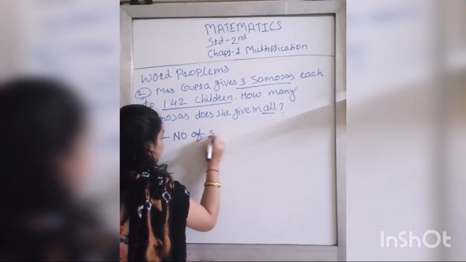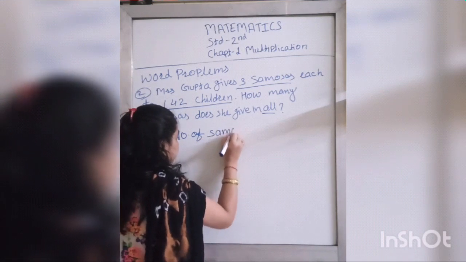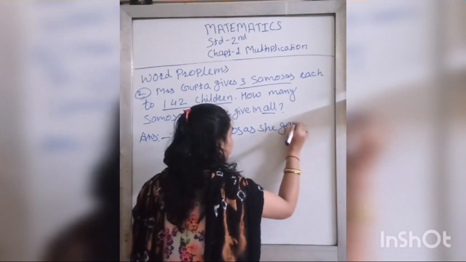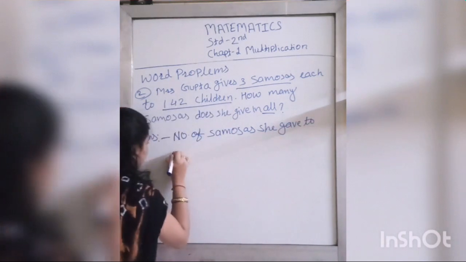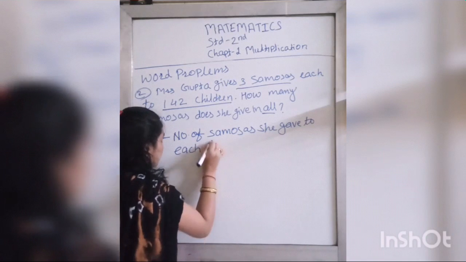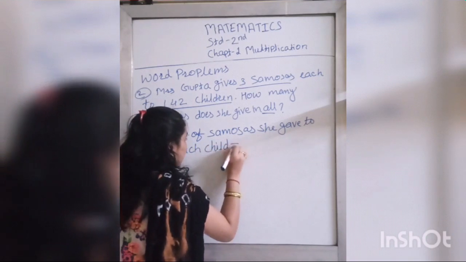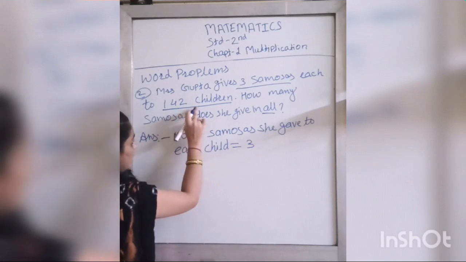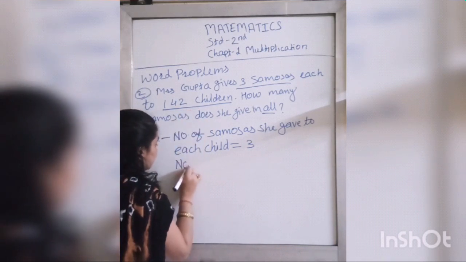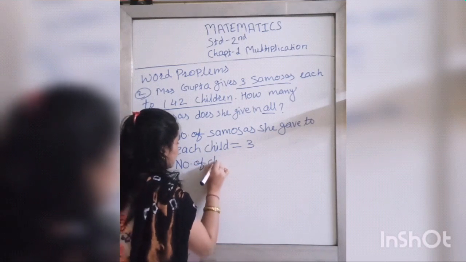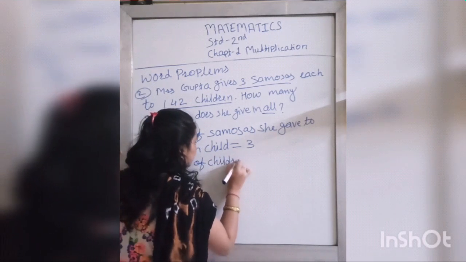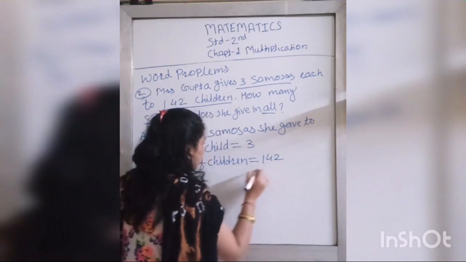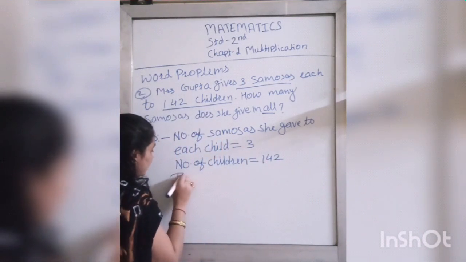Number of samosas she gave to each child. That is 3. And the second information given is the total number of children, 142.